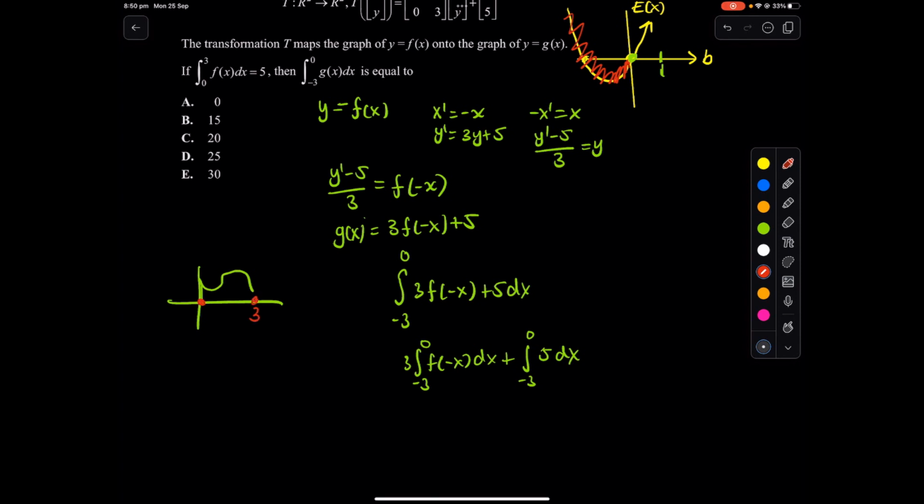And we reflect it along the y-axis. What happens? Well, it will just look like this. So this point will still be 0, but now this point over here will be negative 3. So now it will be the area from negative 3 to 0 of f of negative x dx, and it's still 5 because this area is still the same as this area.